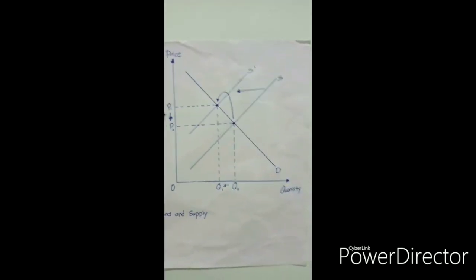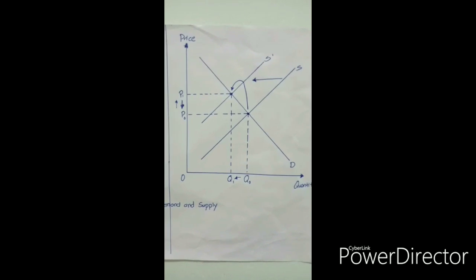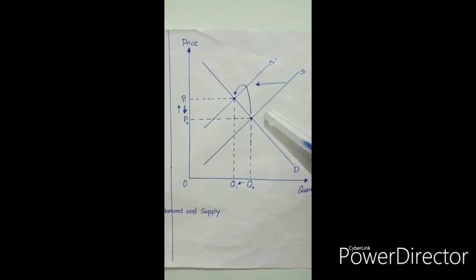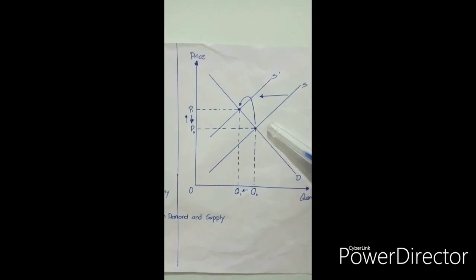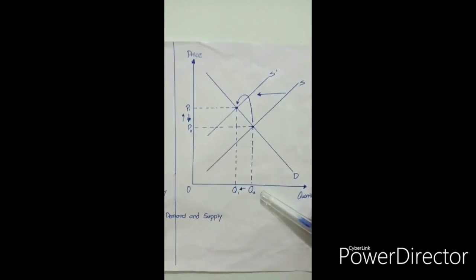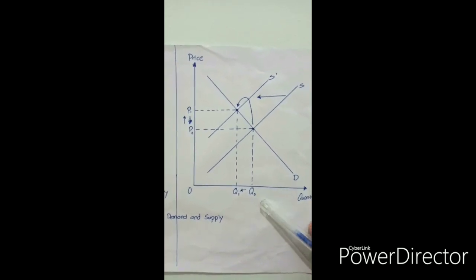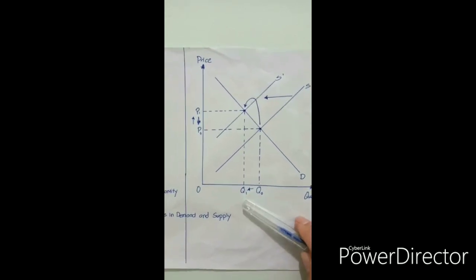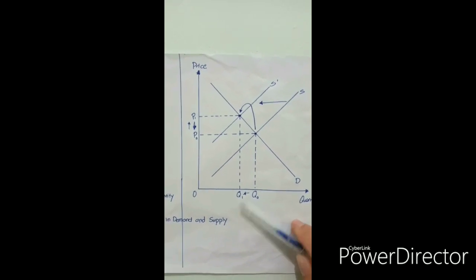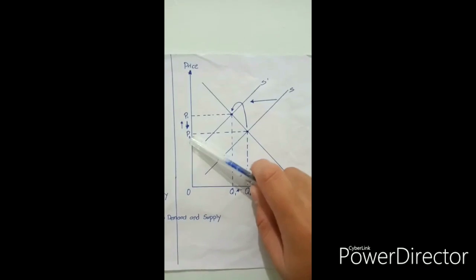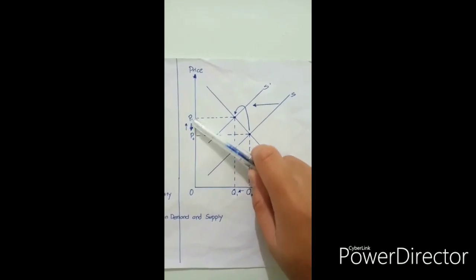And for supply, the lower supply will lead to a lower equilibrium quantity, which is from Q0 to Q1, but it will raise the equilibrium price from P0 to P1.